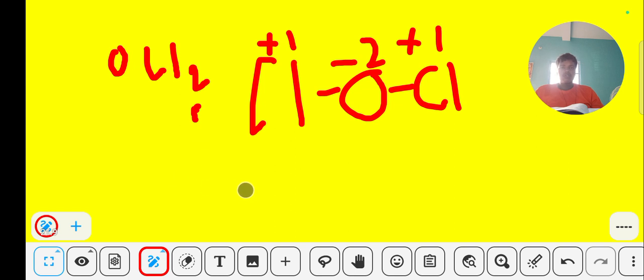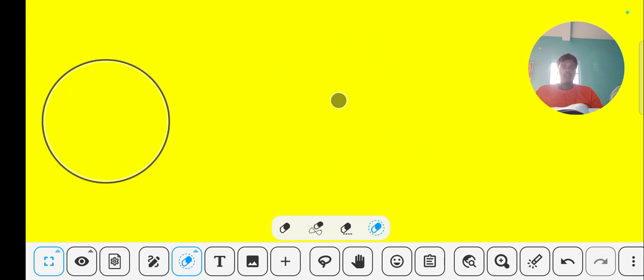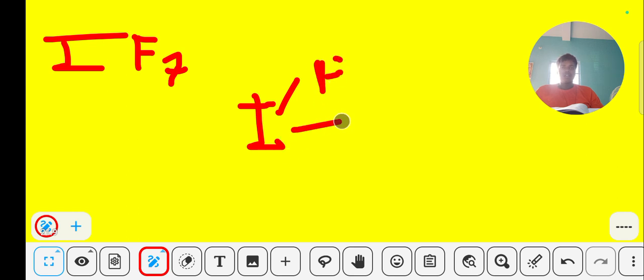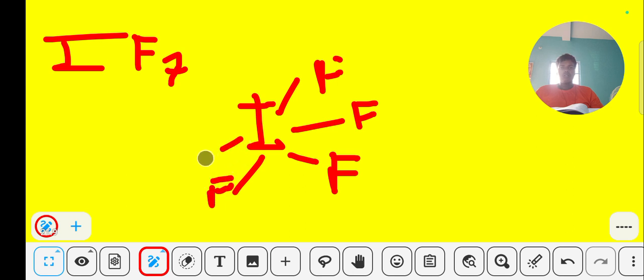For example, if we talk about IF7, iodine is central and 7 fluorine atoms are attached: 1, 2, 3, 4, 5, 6, and finally 7.